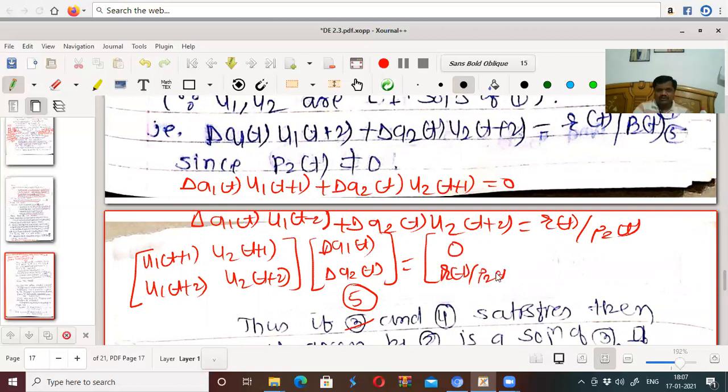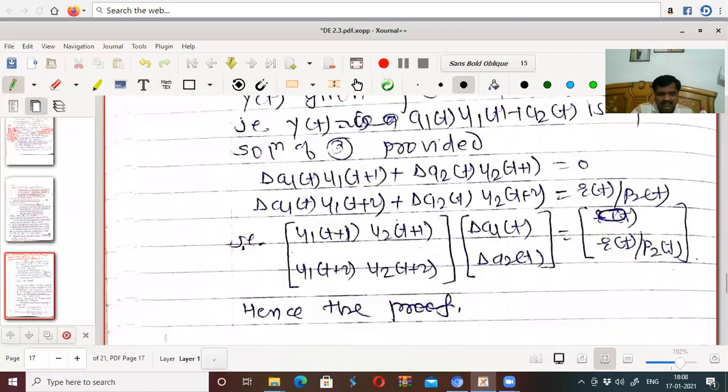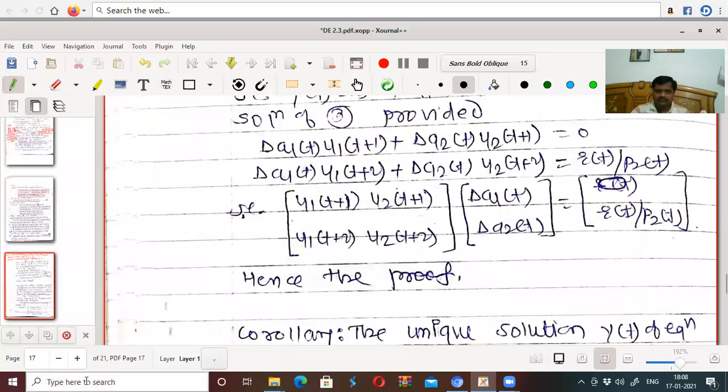So what we proved? If a1t and a2t satisfy this system of equations, then yt given by a1 u1 plus a2 u2 is the solution of the non-homogeneous equation, where u1 and u2 are the solutions of the homogeneous equation. Okay, so this is the result for the second order difference equation.